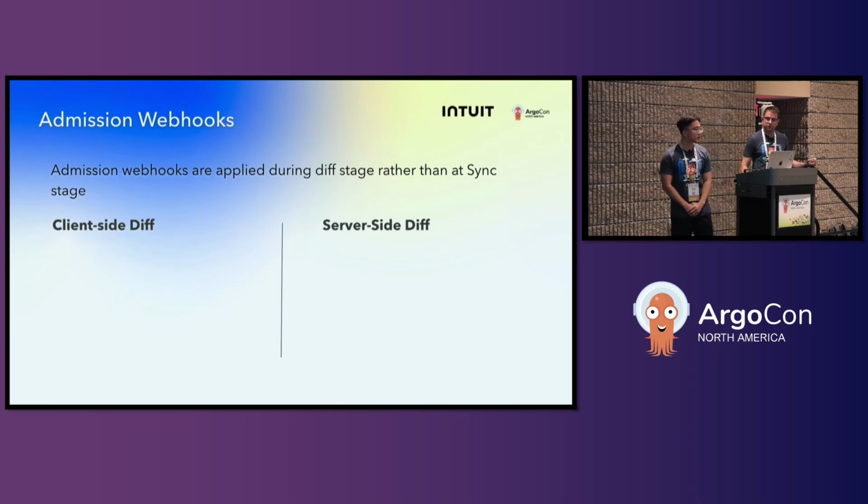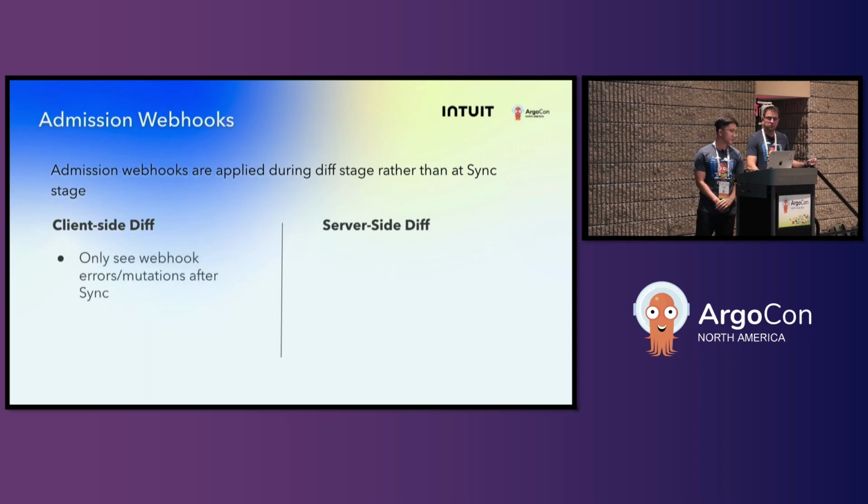So the next advantage I want to talk about is admission webhooks. Like Leo mentioned, there's two main types, mutation webhooks and validating webhooks. So with client-side diff, we would only see these errors and validation errors and mutations after we sync.